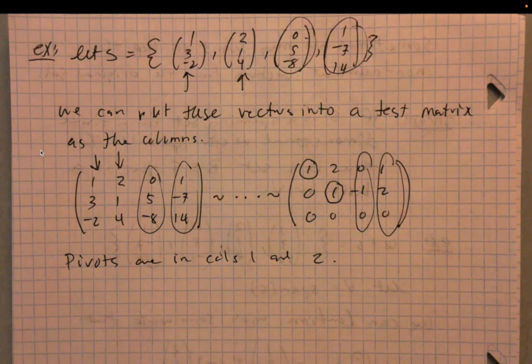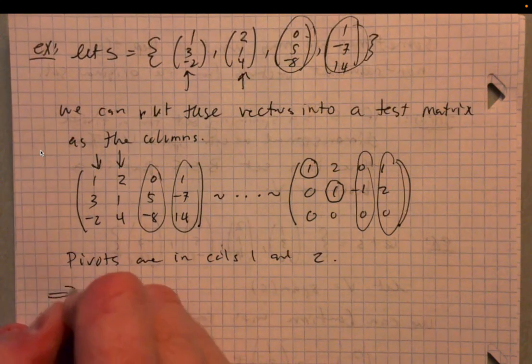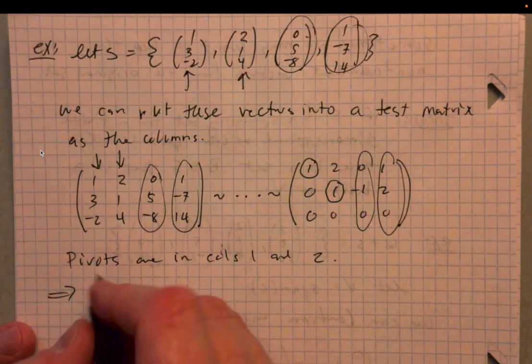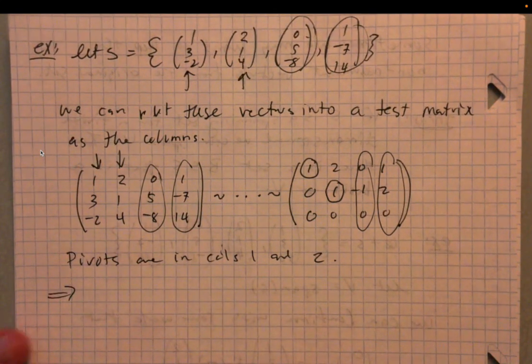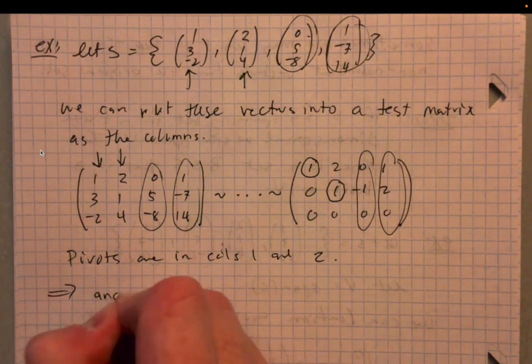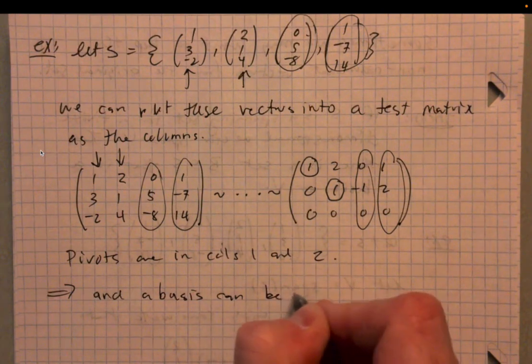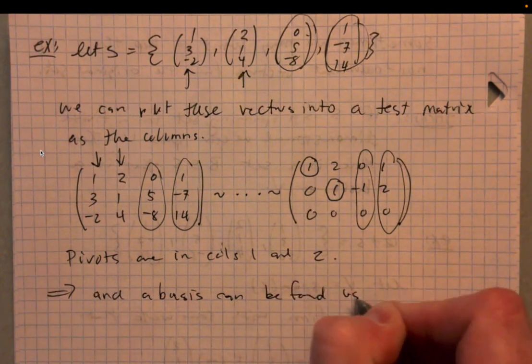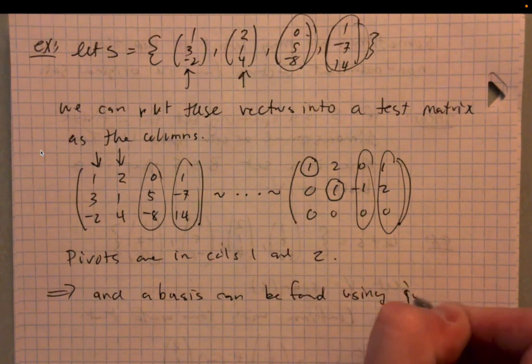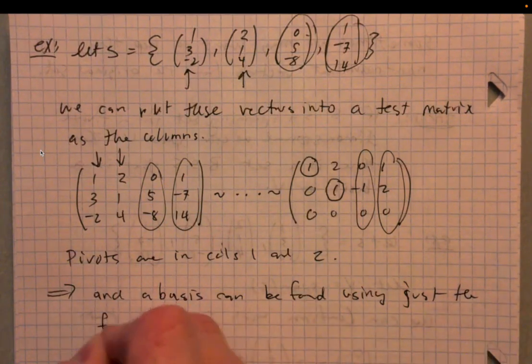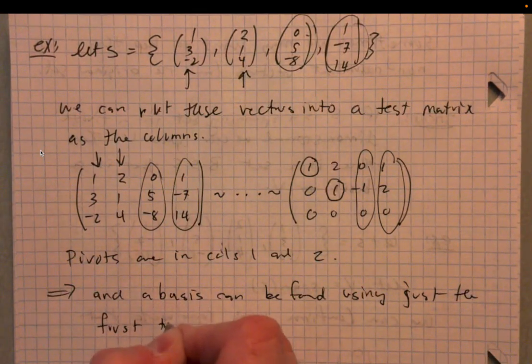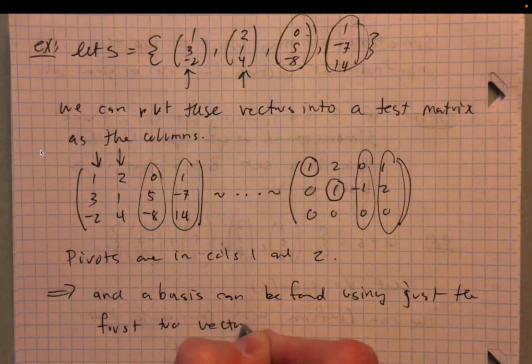Okay. So the third and fourth columns can be tossed out, and a basis can be found using just the first two vectors.